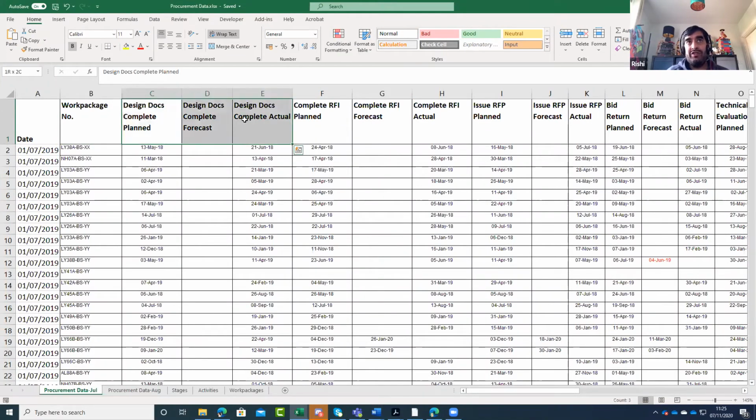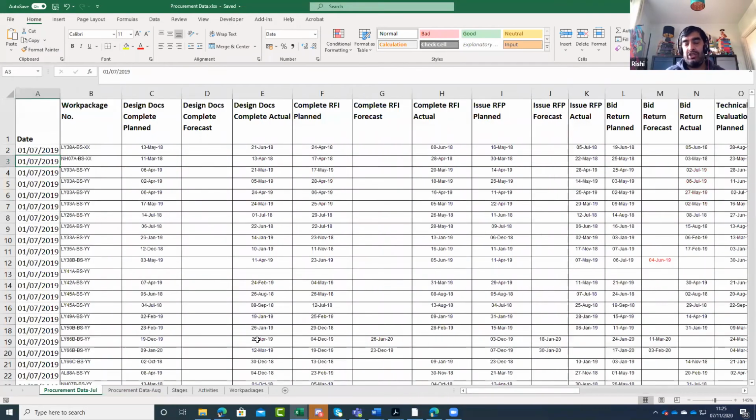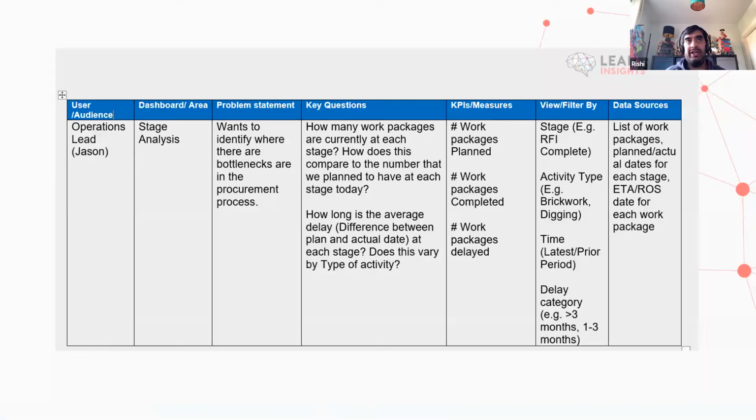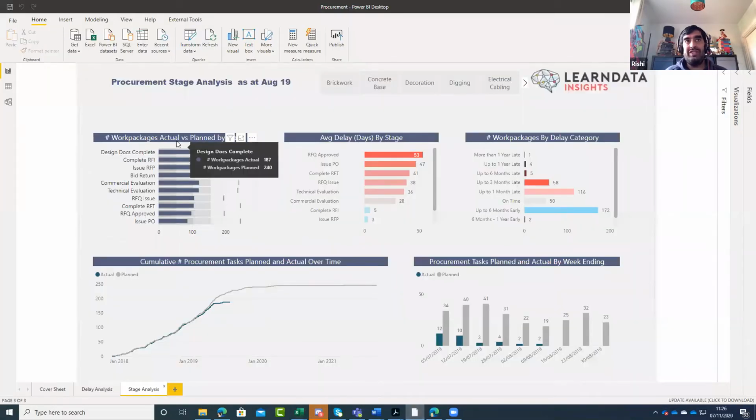So this is focusing on each stage and then looking at the difference between the actual and the planned date, between 21st of June and 13th of May, and then looking at the averages of those across work packages, across the various different stages. So we can start to see at each stage where there are particular delays, and actual versus plans.